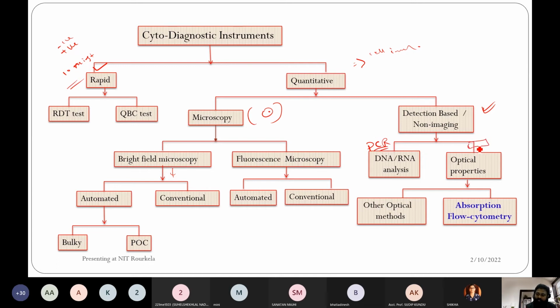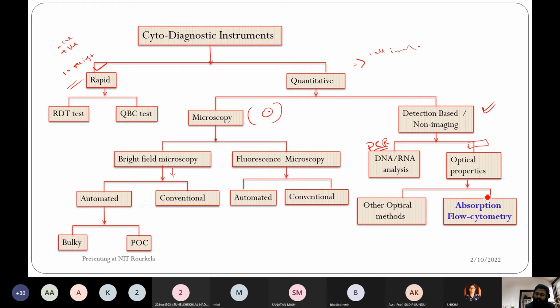Based on changes in optical properties, we can find different techniques, such as spectroscopy, Raman spectroscopy, and many other techniques that are available.